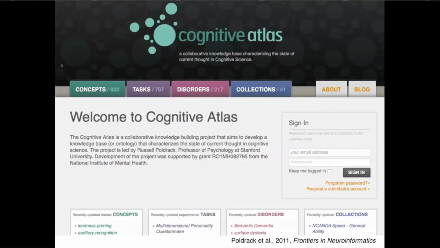So we developed a project a while ago called the Cognitive Atlas that is aimed to provide the kind of ontology that you get, in other fields, from the gene ontology. We want to provide a similar sort of formal knowledge base about cognitive functions and their relation to cognitive tasks for the field of cognitive science and cognitive neuroscience.